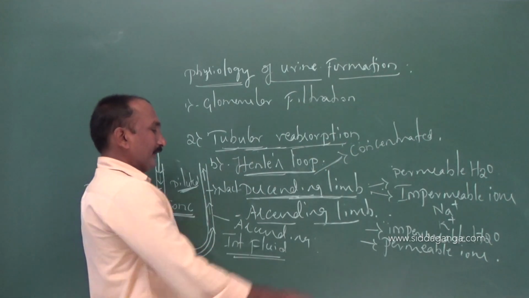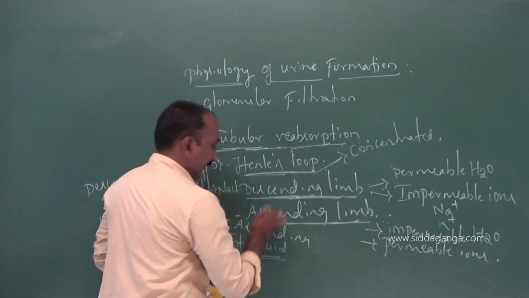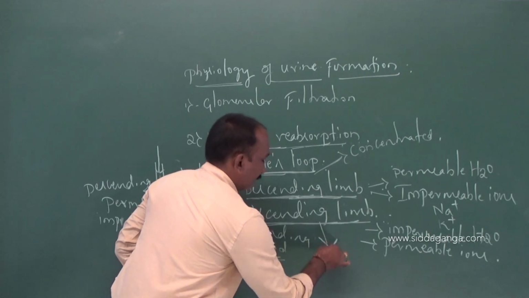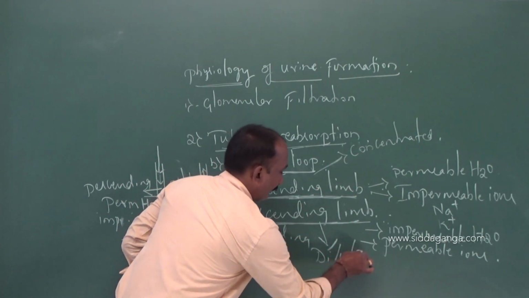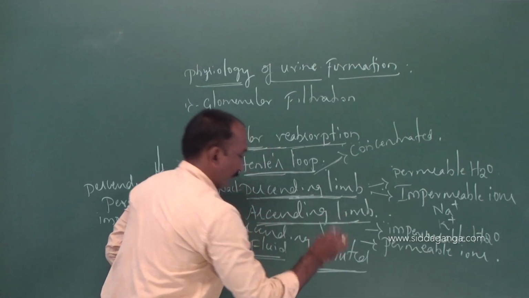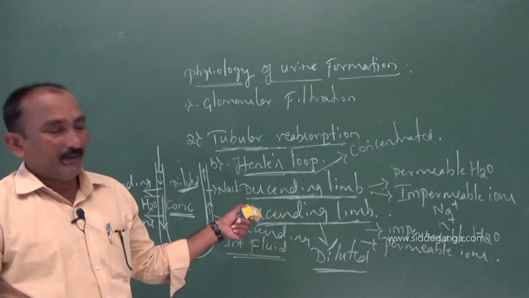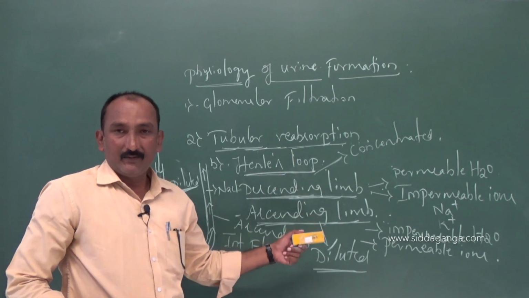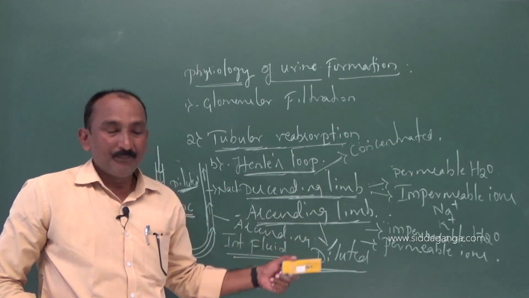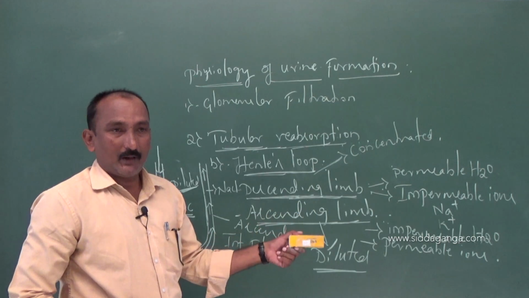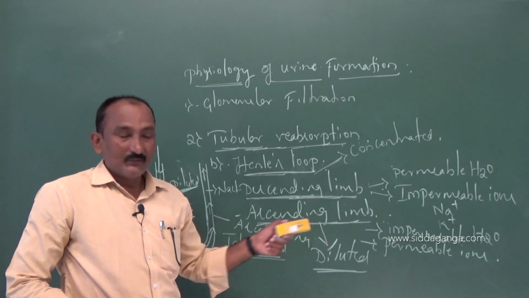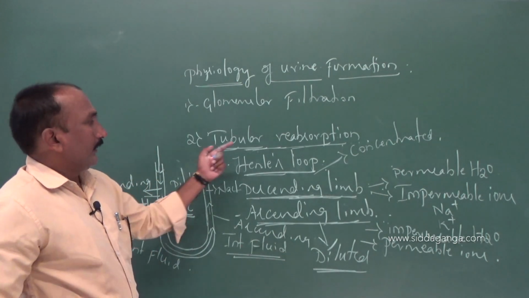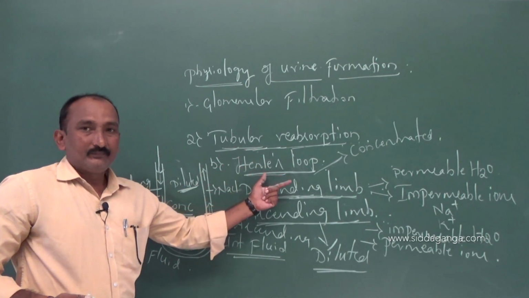While the filtrate moves through the ascending limb, the filtrate becomes diluted. Why is it diluted? Because the ascending limb is impermeable to water, permeable to the ions. So the ions were reabsorbed. As a result, the filtrate gets diluted. Okay, that too is tubular reabsorption.